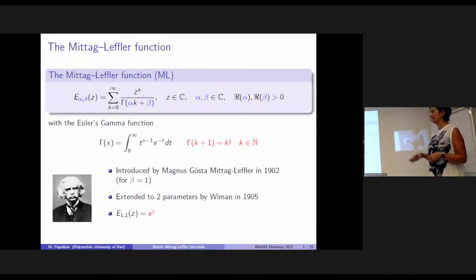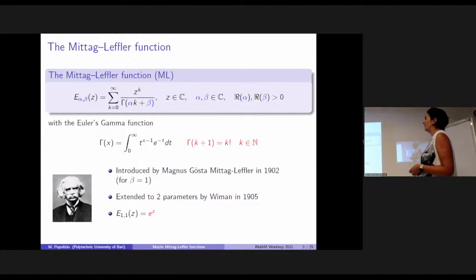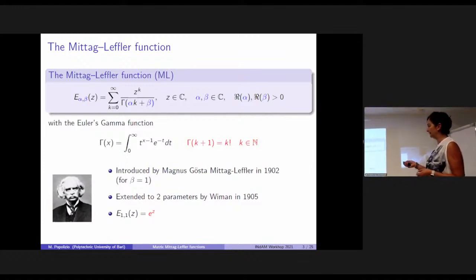Okay, so this is the definition that we have seen a few minutes ago with Fabio. We have these two parameters, alpha and beta, that in general are complex with positive real part, and the particular feature here is the presence of this gamma function at the denominator.